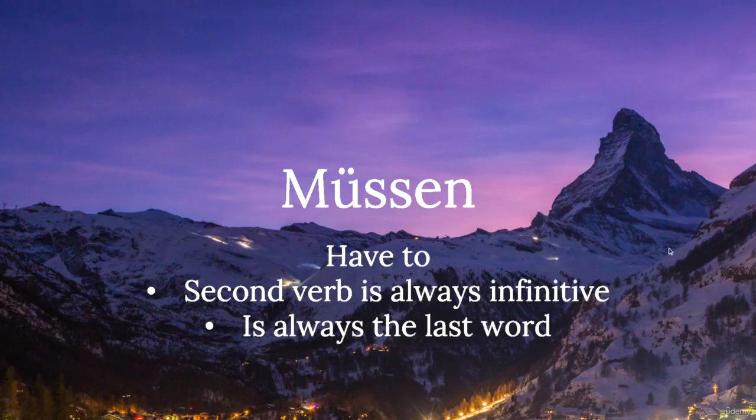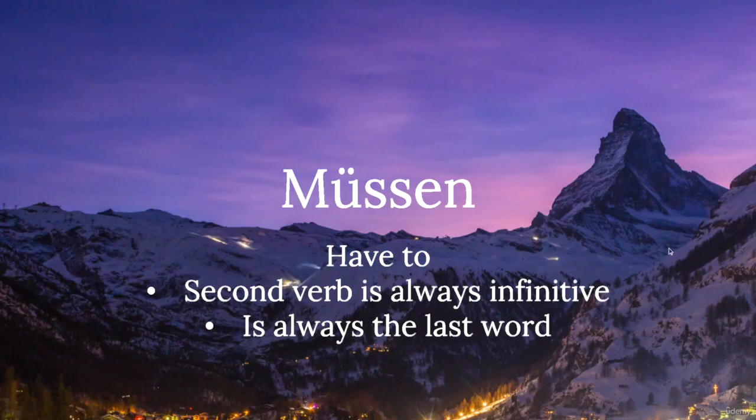Those kind of verbs are modal verbs or Modalverben. Other verbs like that are can, want, allowed to. To summarize it, this means that Modalverben are the verbs where you have to use another verb to make sense of the sentence.